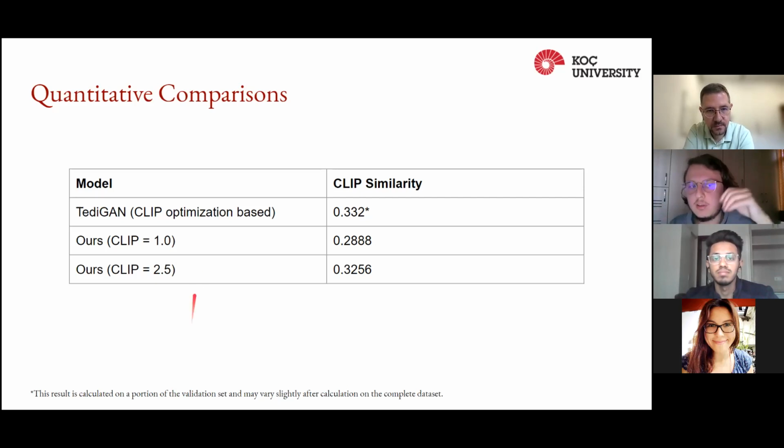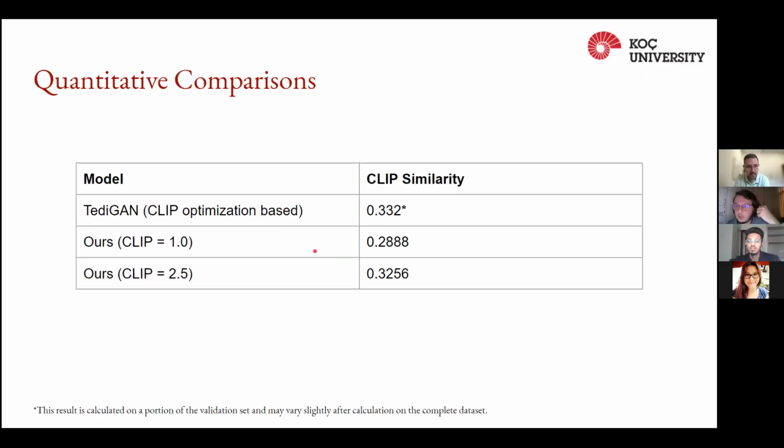here is this clip optimization based model of StyleGAN takes quite a bit of time, because it needs to optimize for each instance, for each image, and it takes quite a long time to validate for a whole validation set. But for our models, we can generate our manipulations instantly.